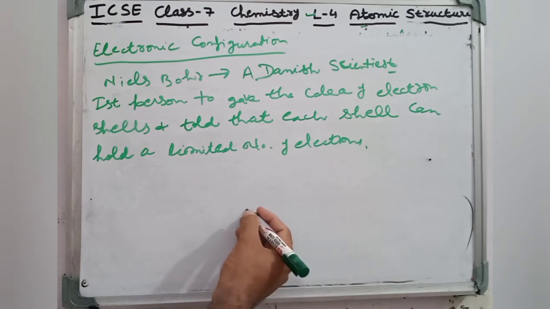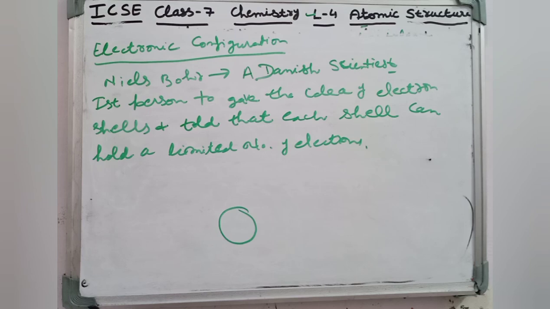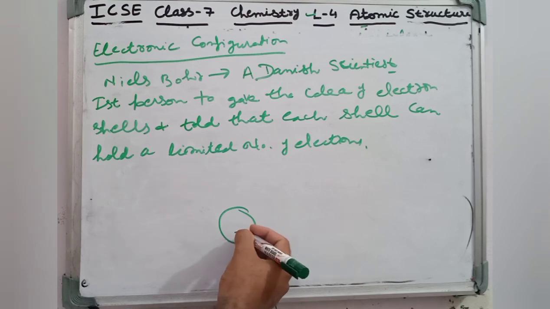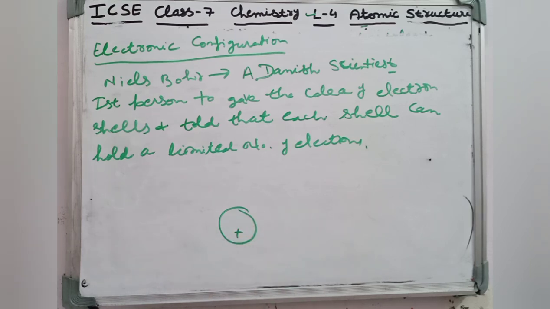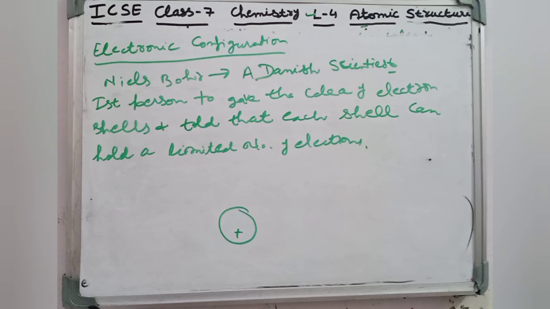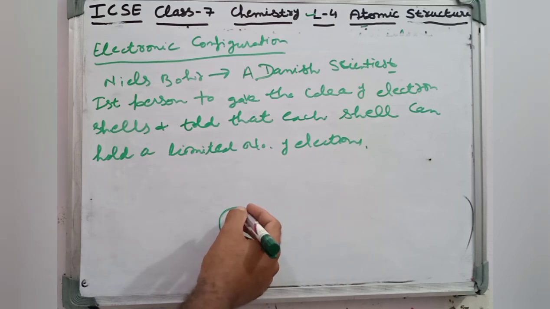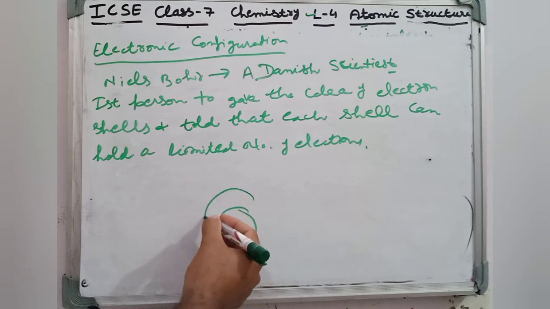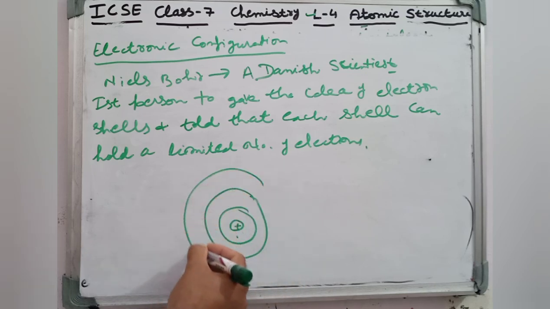Suppose this is the nucleus. Here all protons and neutrons, that means all positivity is here. Excluding the nucleus, from this is the first shell, this is the second shell, and this is the third shell.